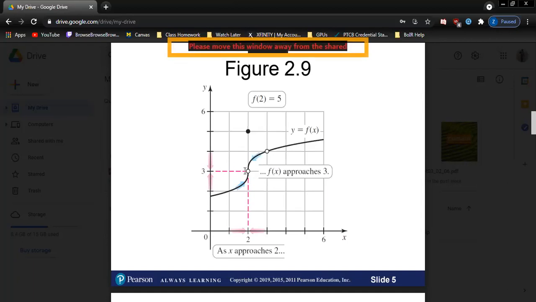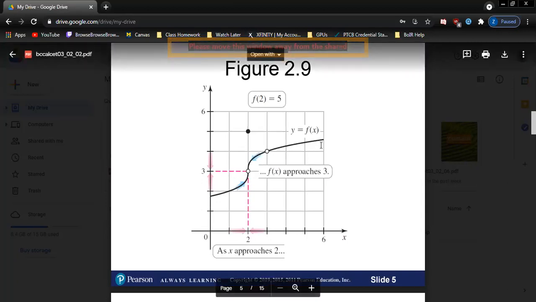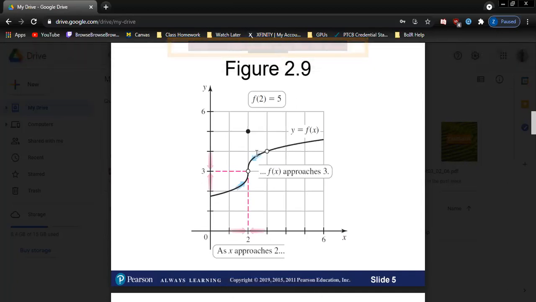This dash line signifies that this particular hole is actually at 3. And you can see, doesn't matter which way we are approaching from, this function is moving towards 3 from either direction, right? At x equals 2, of course.